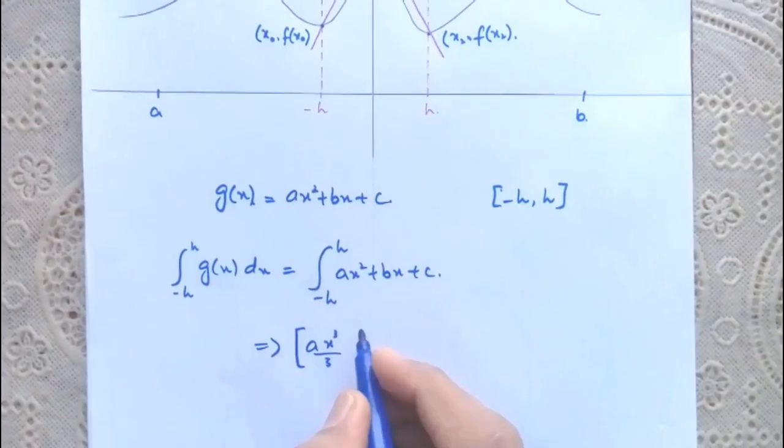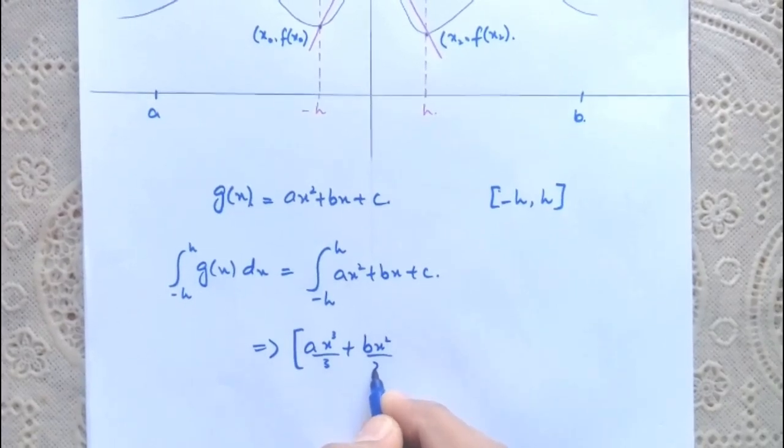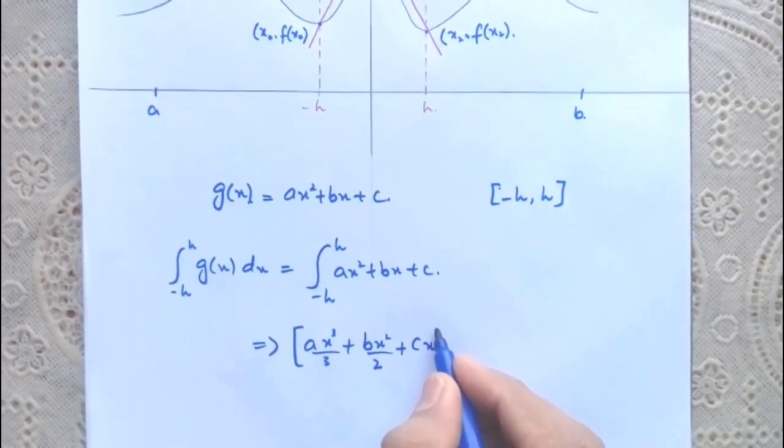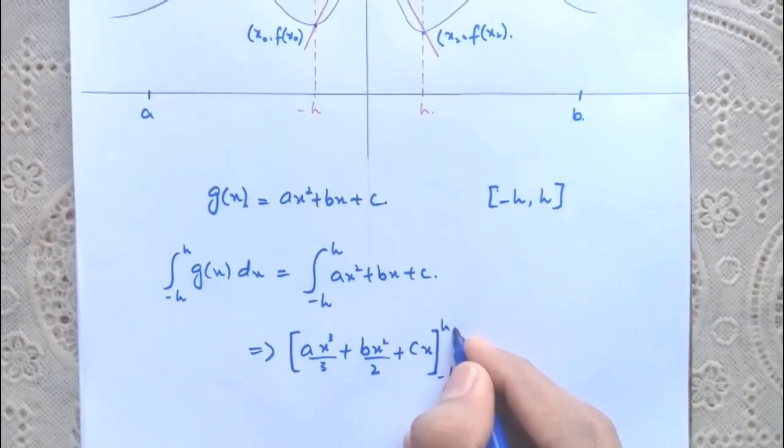ax cube upon 3 plus bx square upon 2 plus cx, from minus h to h.